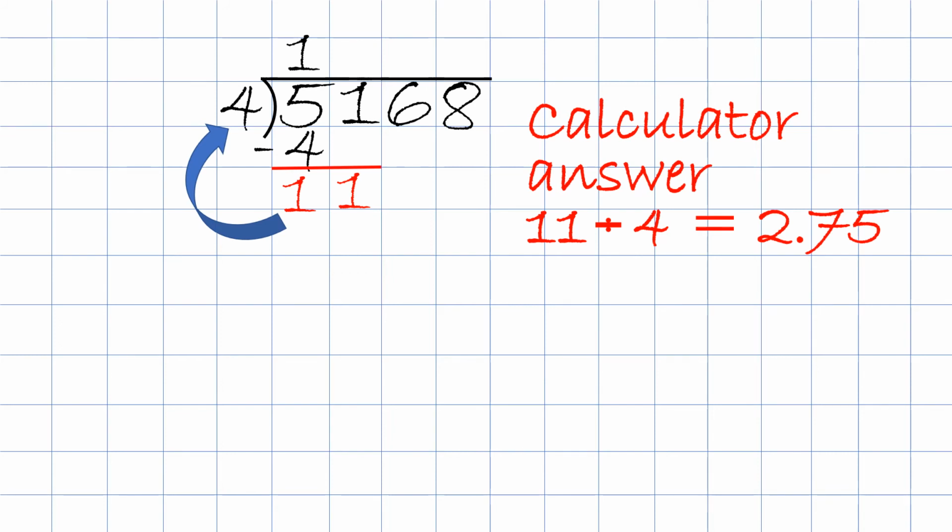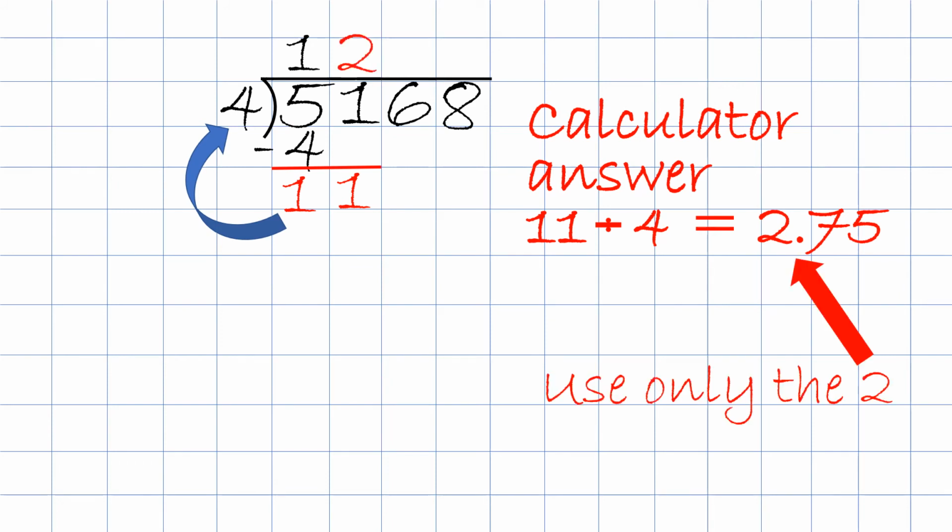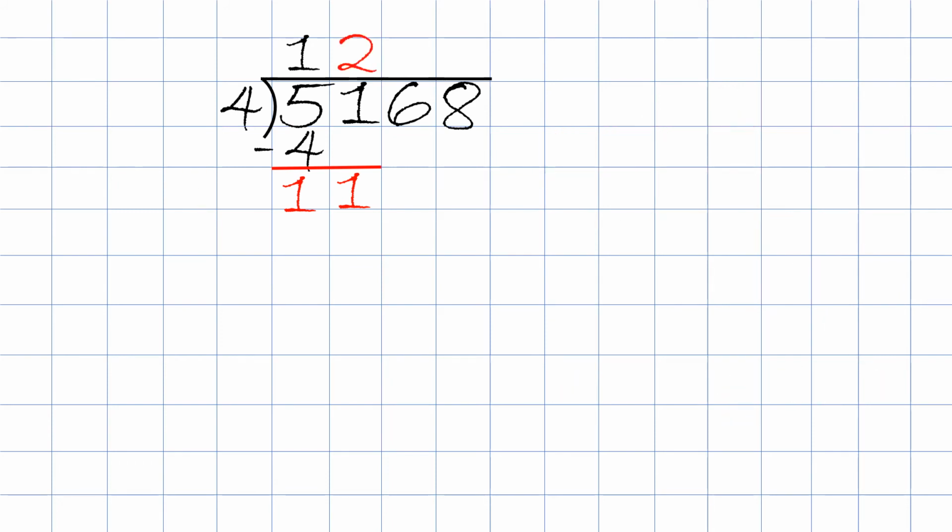So 4, 8, then goes 12, so that goes over. So 4 only goes into 11 twice without going over. We put the 2 over the 1. We then take the 2 times 4. The answer will be 8. We write the 8 underneath the second digit of 11. Then we subtract. 11 minus 8 will be 3.